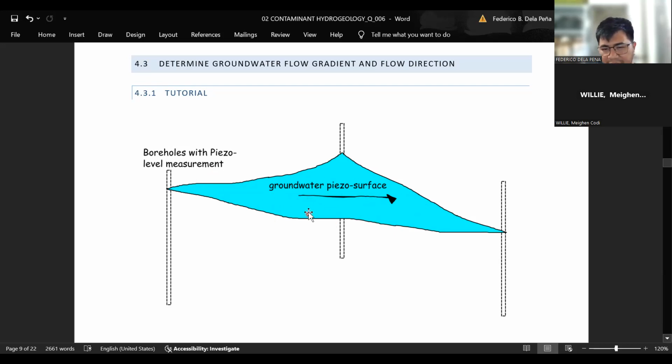So groundwater will essentially just imitate the underlying topography for most cases. You can see here the groundwater will have an inclination and will have a direction, and it will always flow from the higher elevation to the lower groundwater elevation.